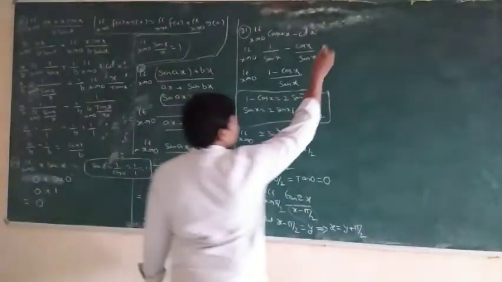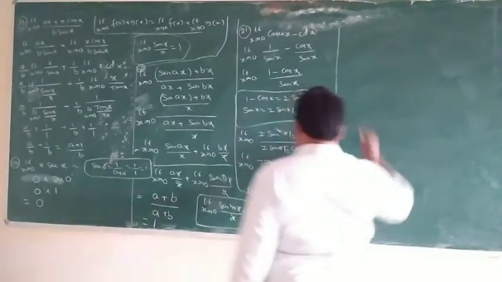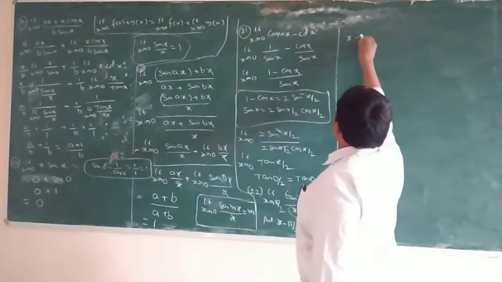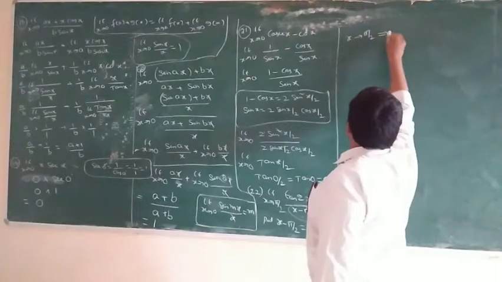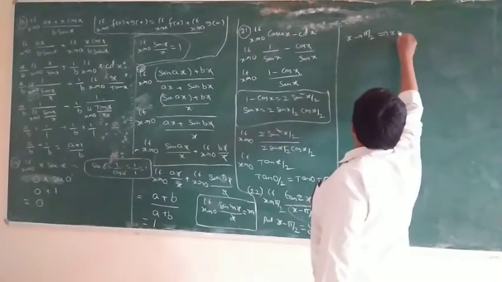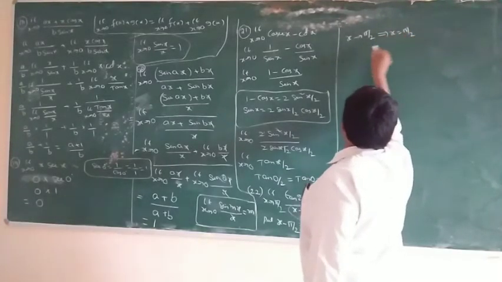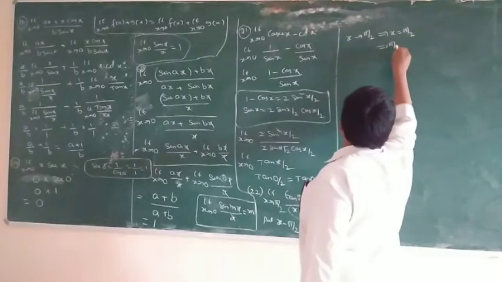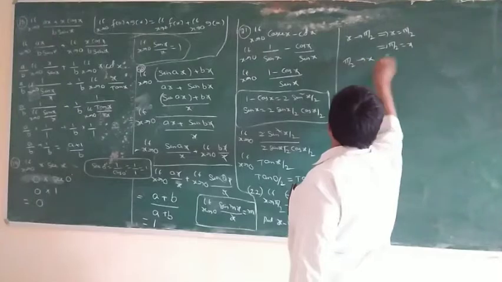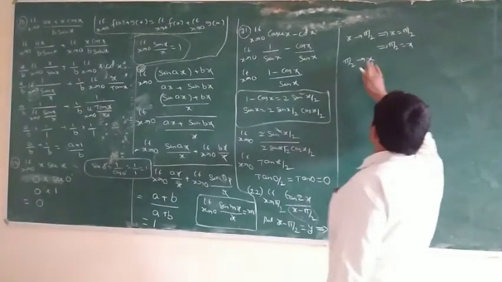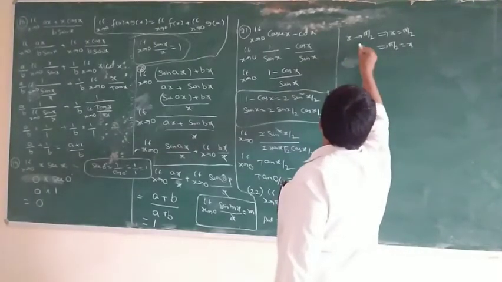Now x tends to pi by 2 means x is equal to pi by 2.